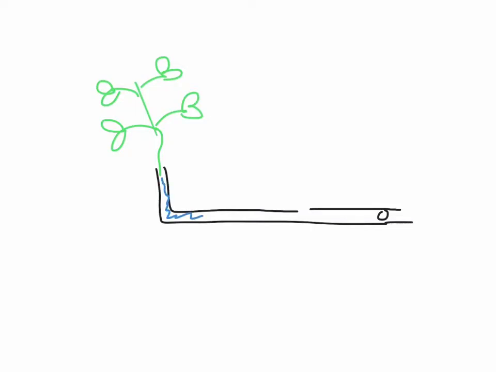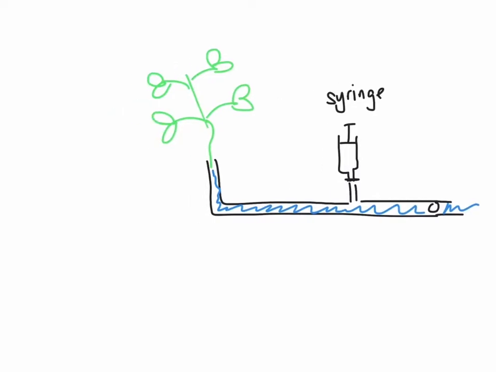And this is all water in here. And we've got a scale over here somewhere. So you set up the apparatus, as it is in the diagram, with a leafy shoot with quite a few leaves.